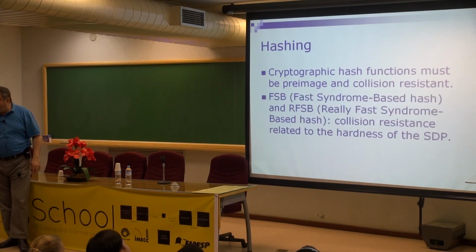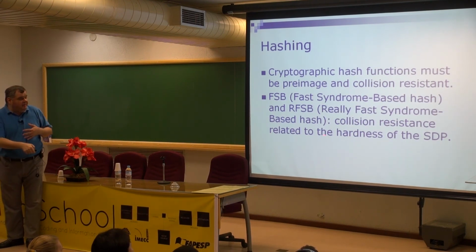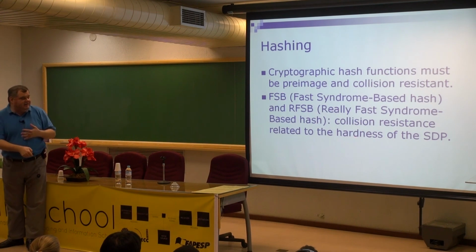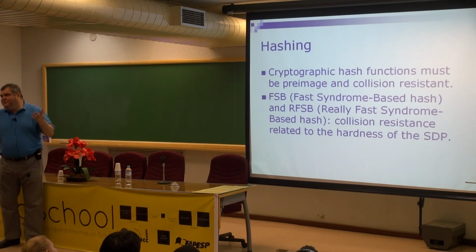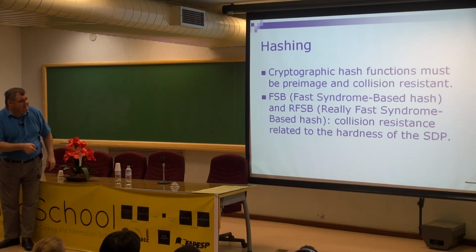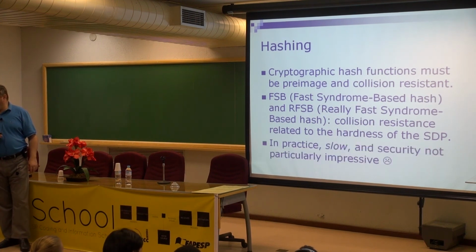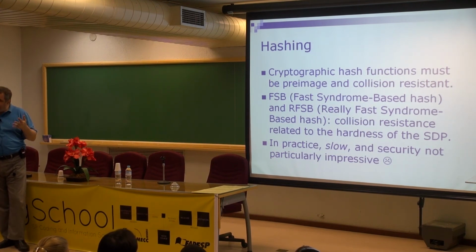It's possible to design hash functions that are provably collision resistant, because finding a collision is as hard as solving a syndrome decoding problem. They are named fast syndrome-based hash and really fast syndrome-based hash. They are slow, painfully slow, so it's another case of a proof of concept. It's possible, but not really practical.